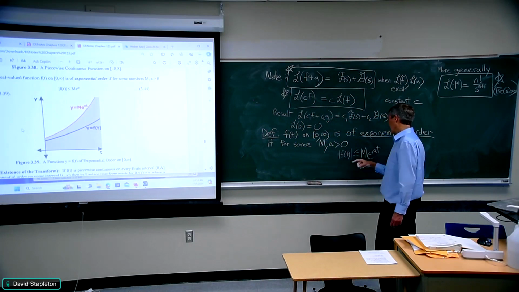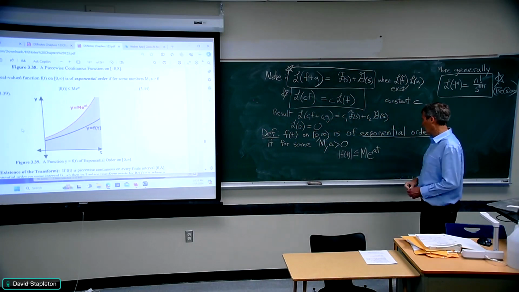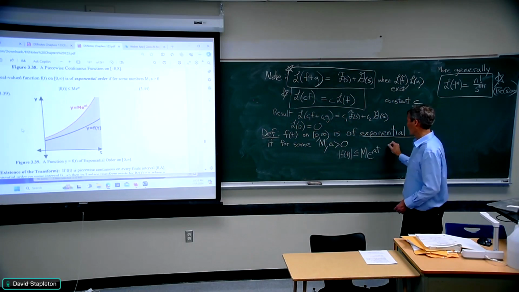In other words, if f doesn't grow faster than an exponential function times a constant, then it's said to be of exponential order, right?